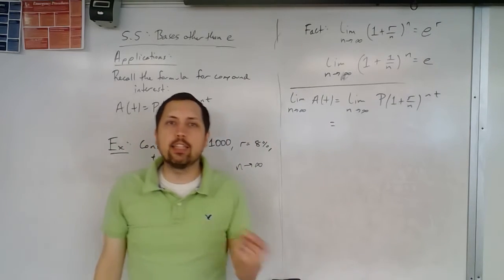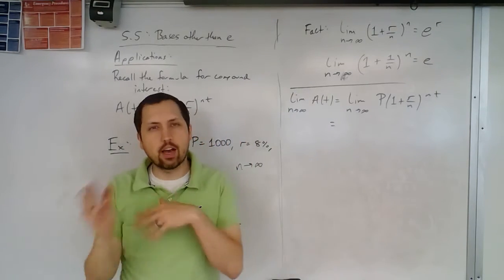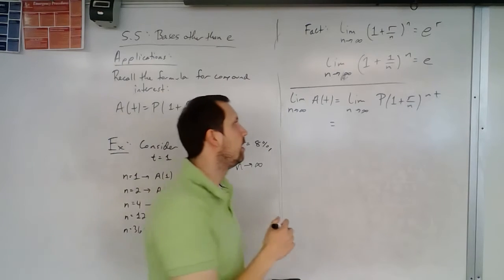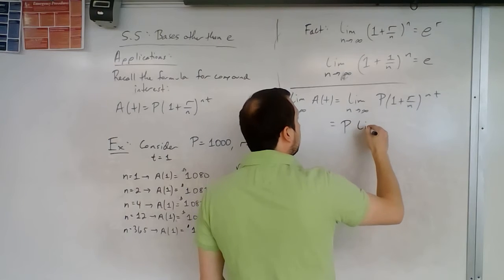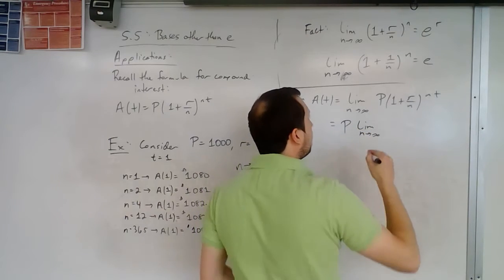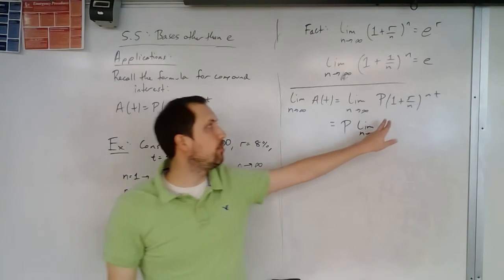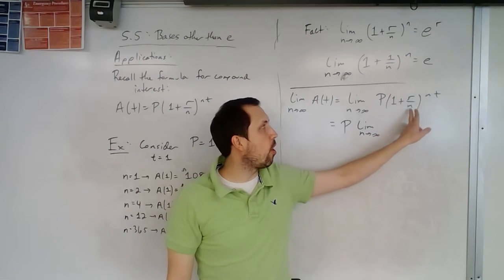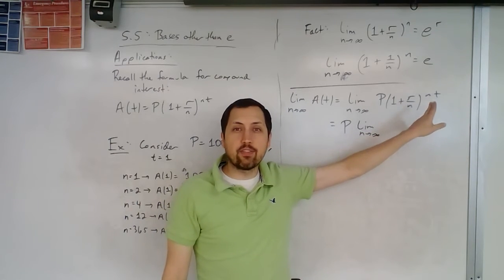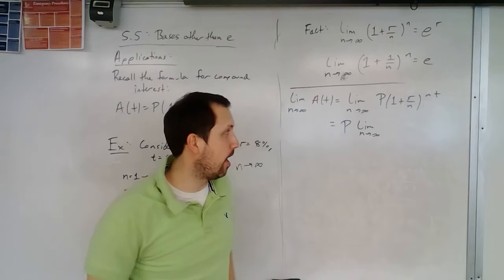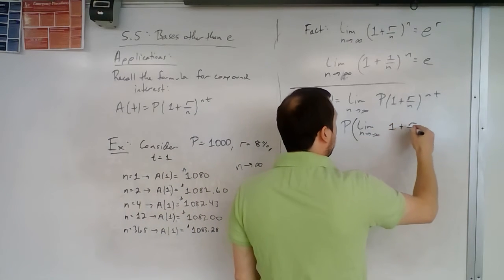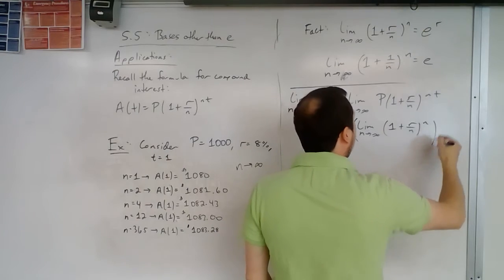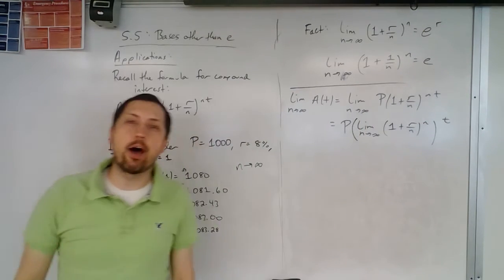If you remember things about limits, we have constants, we can move things around, so I can pull out this P. Then I can take the limit of (1 plus r over n) raised to the n, and raise all of that to the t power.